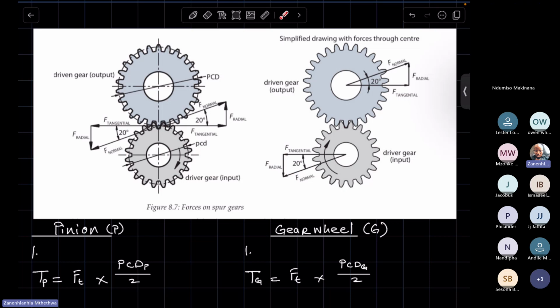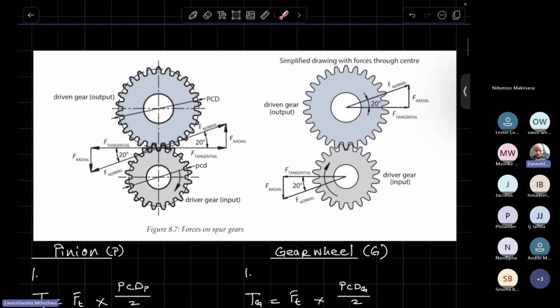And then you get what we refer to as the radial force. Now, the radial force for gears in mesh is that force that essentially tries to take the gears that are in mesh apart.